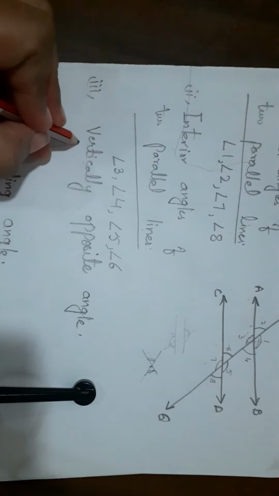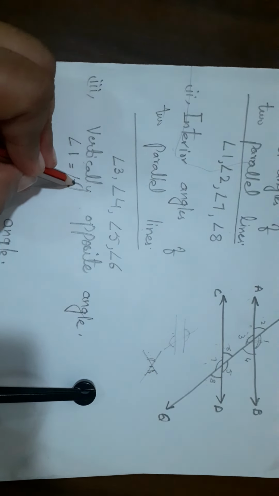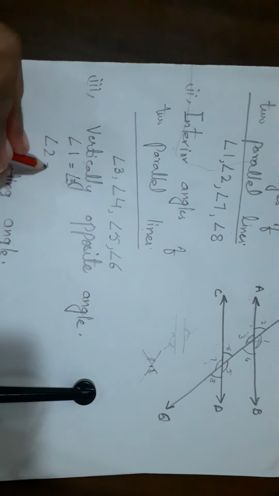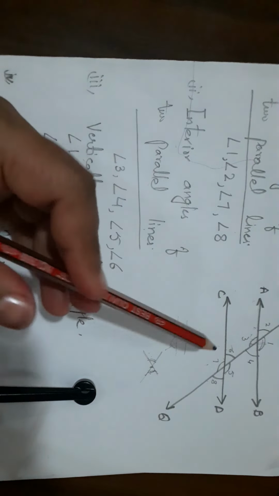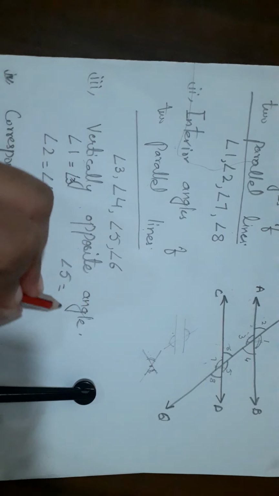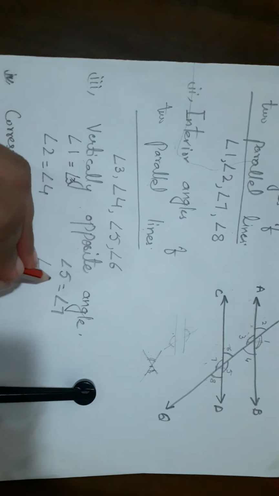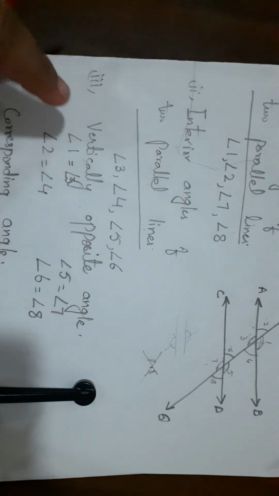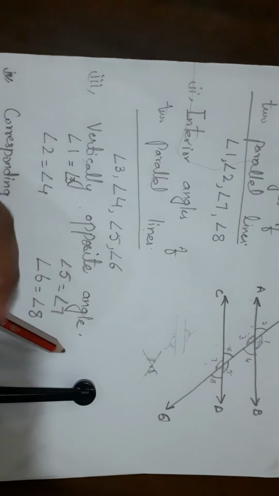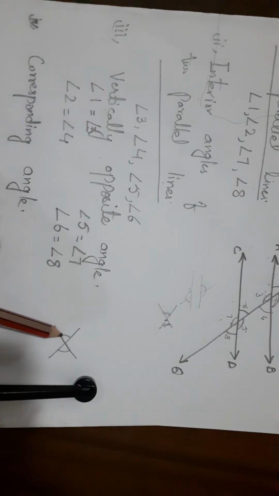Then angle 2 equals angle 4. Then angle 5 equals angle 7. Then angle 6 equals angle 8. This is called the vertically opposite angle. Understand that? This is the vertically opposite angle.